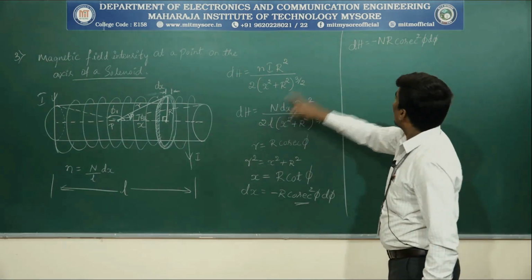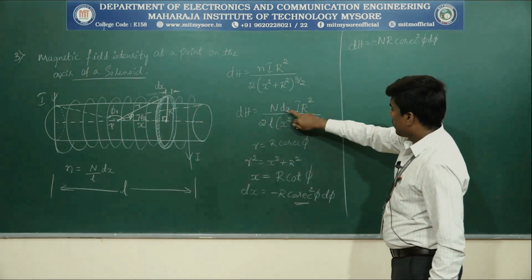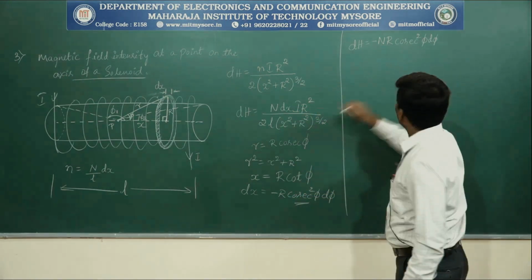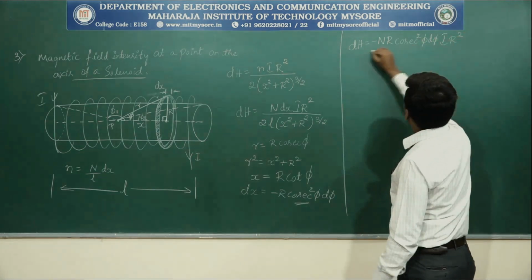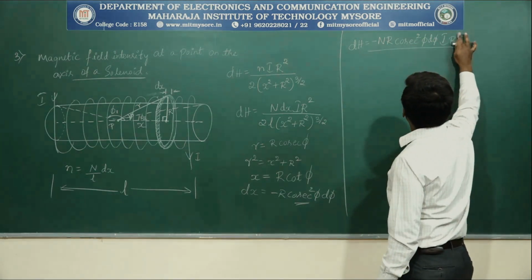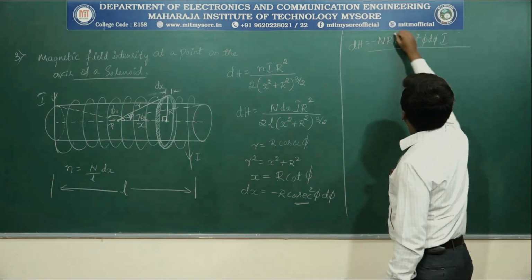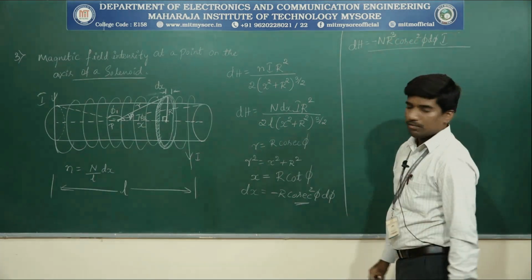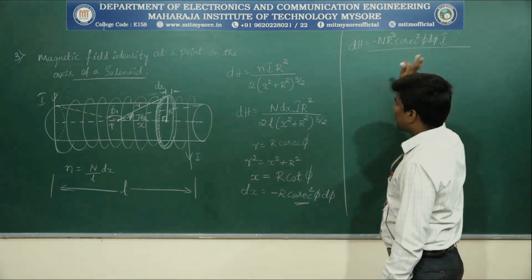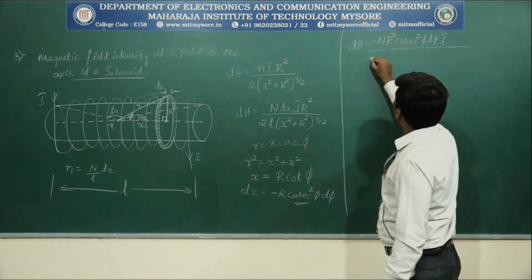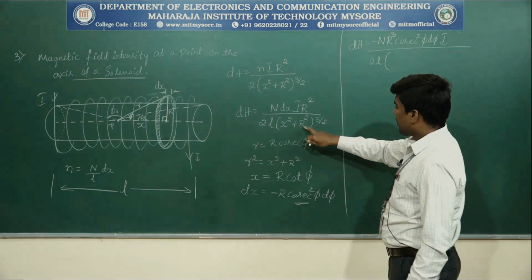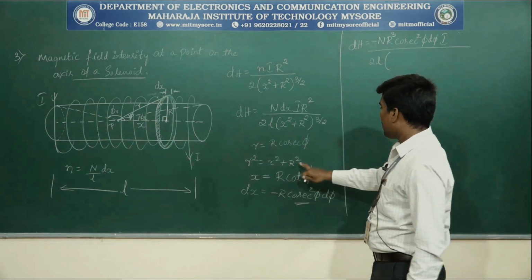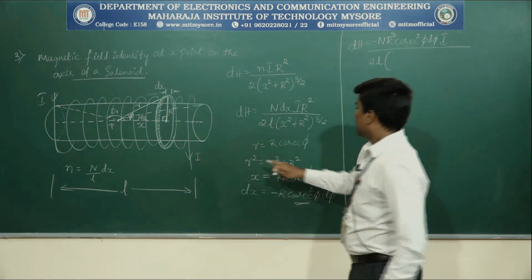See, n remains the same. Instead of dx, I have substituted this entire term, into I into R square divided by, this whole thing, which can be written as R cube, since R square into R becomes R cube. Then 2L into (x square plus R square).